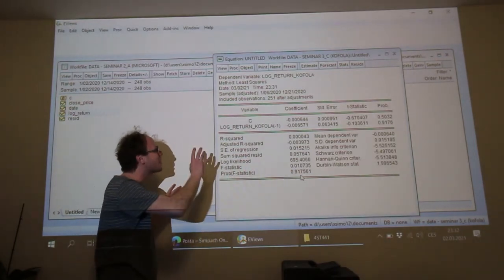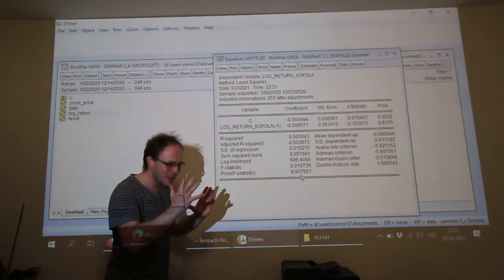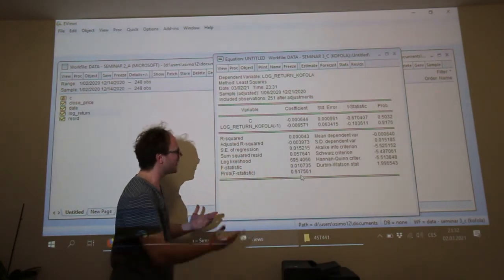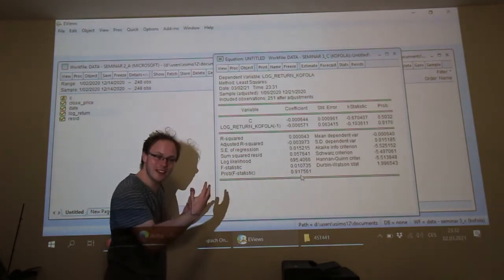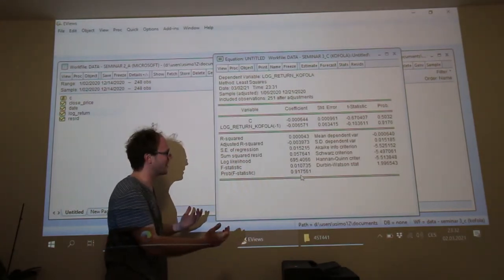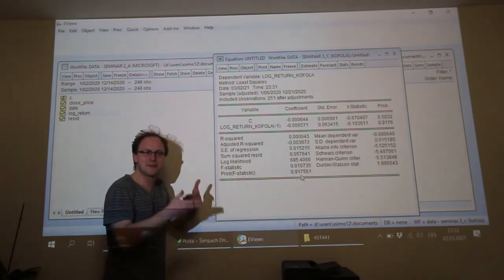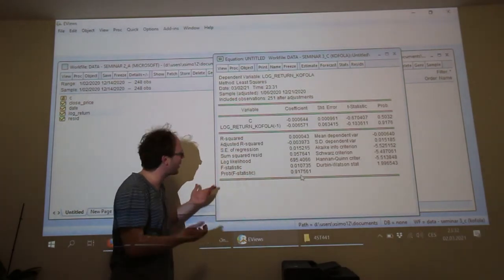So this model is wrong, and what does it mean? It is not significant. Why? Because we have here the Fisher F test, the Fisher F statistic of the model.